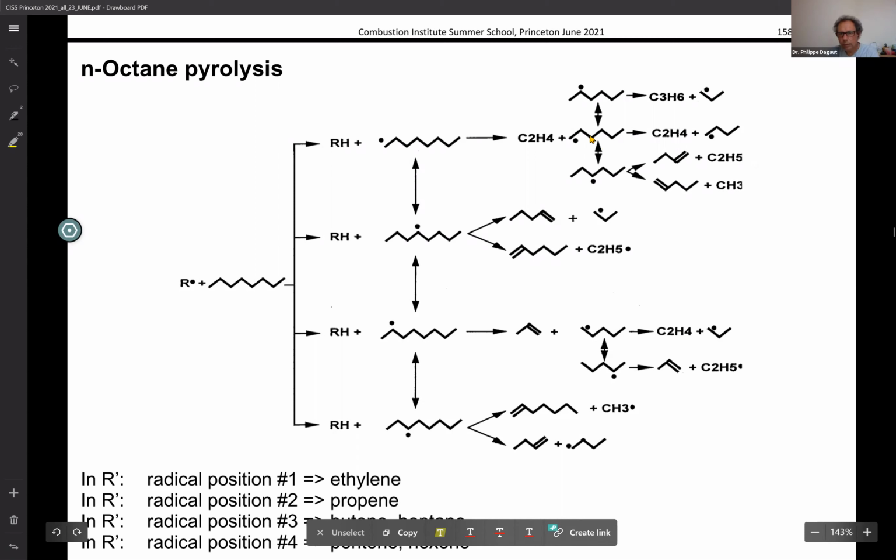What I didn't mention here is that there can be isomerization of this one hexyl radical, which can isomerize to two hexyl or three hexyl.